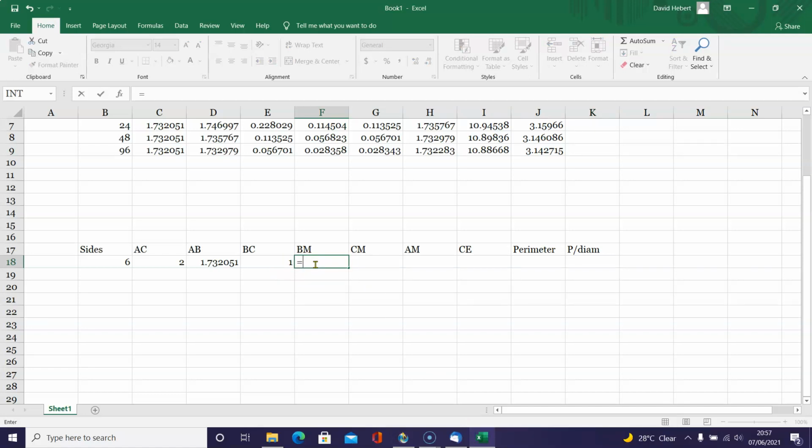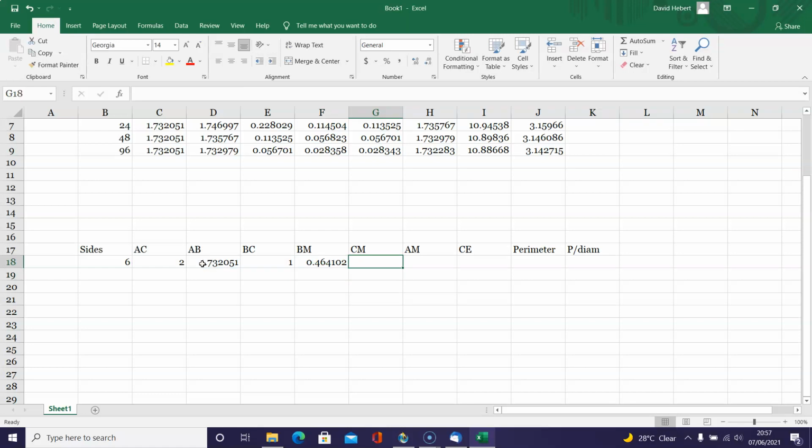BN is going to be equal to a ratio, and it's going to be AB times C to B, and then we're going to divide that by the sum of AC plus A to B. So there's my value of BN.